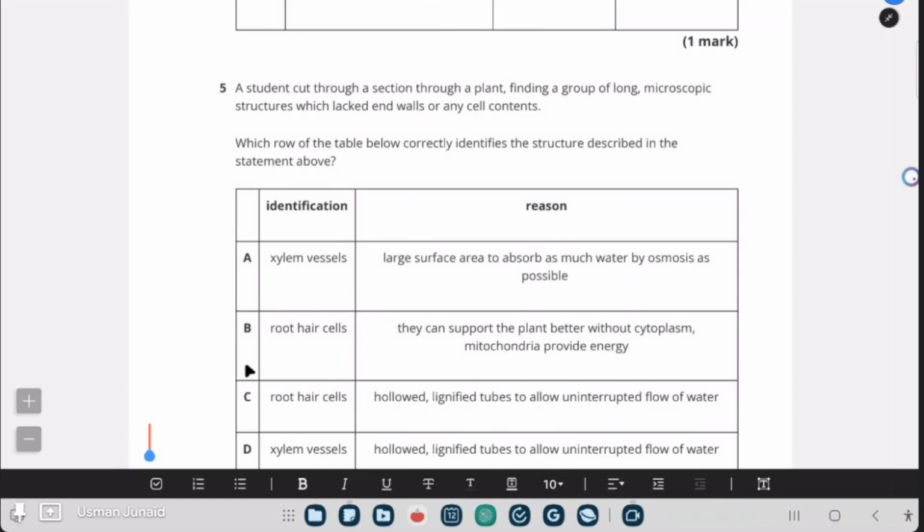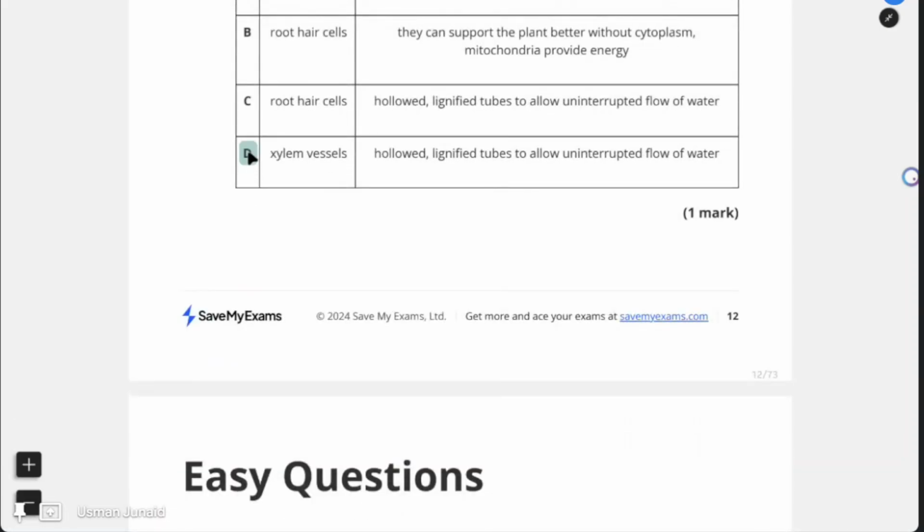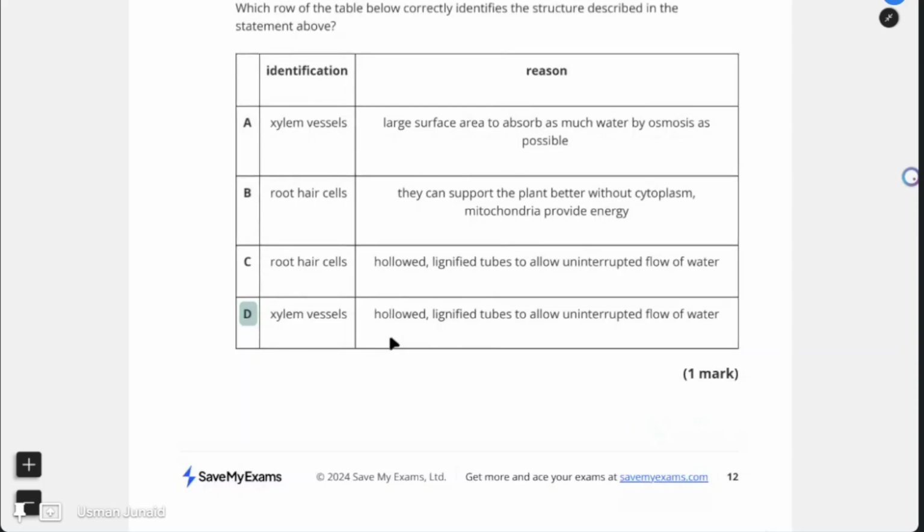The option is D. Okay, D because xylem vessels are hollow, they have lignified tubules, and they allow the flow of water throughout the plant. Will you be able to remember this?